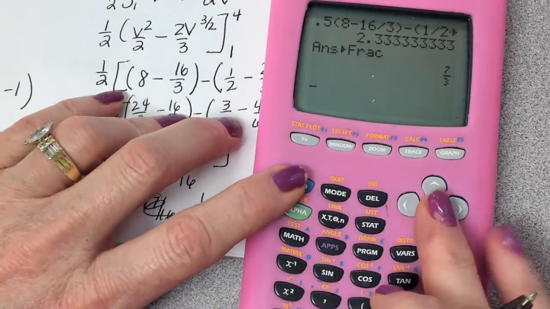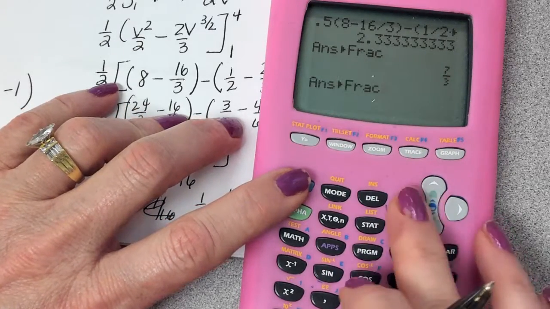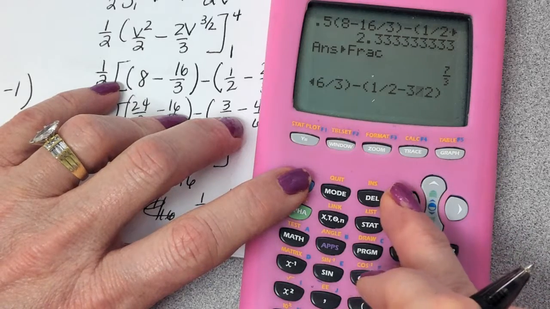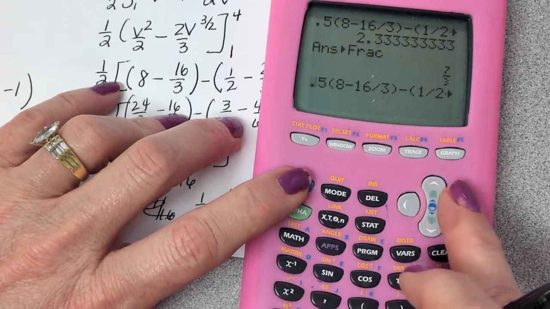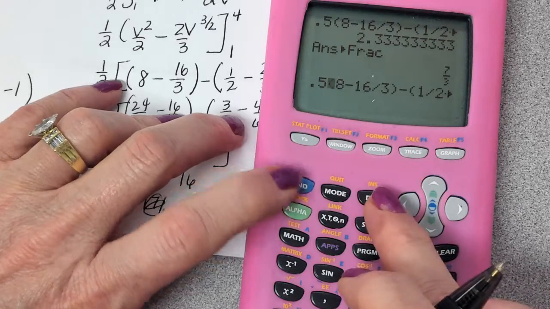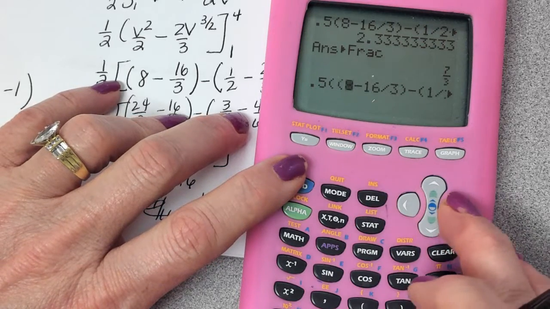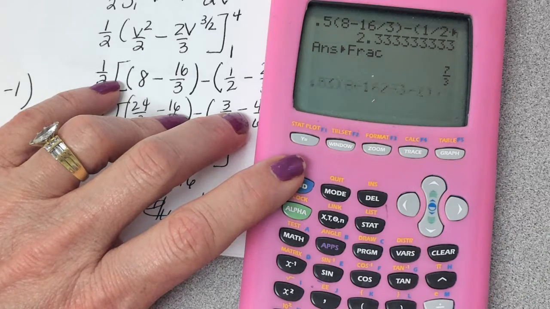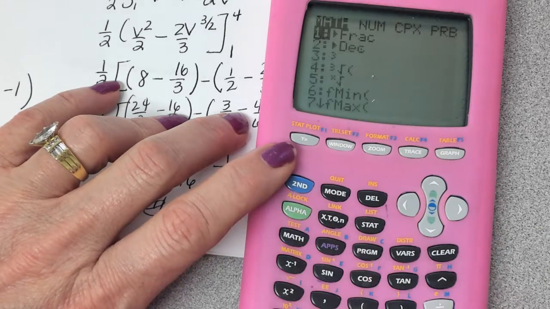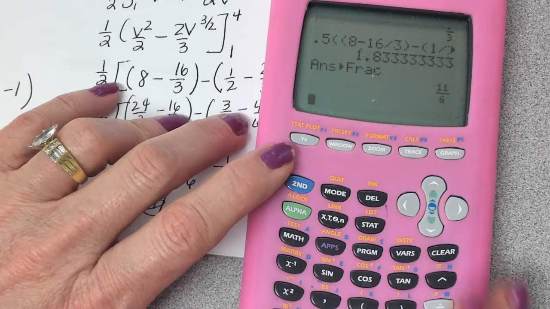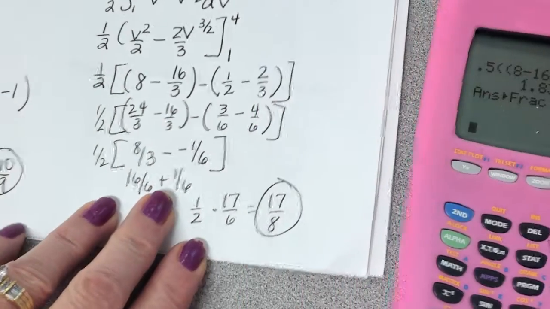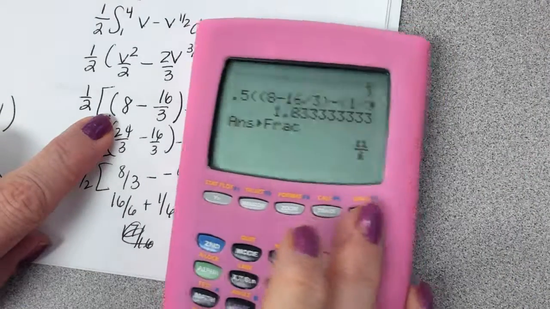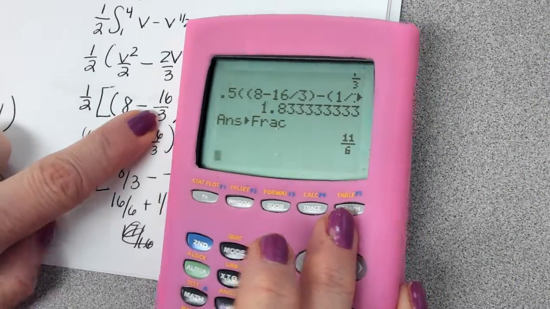Here's the problem. I needed the whole thing times 1/2. Let me go back there again. See, I needed half of this whole thing, so I needed another set of parentheses. I forgot to put that in at the beginning. So that's what we get. Now math bracket, and we get, what? Let me see here. 8 minus 16/3.